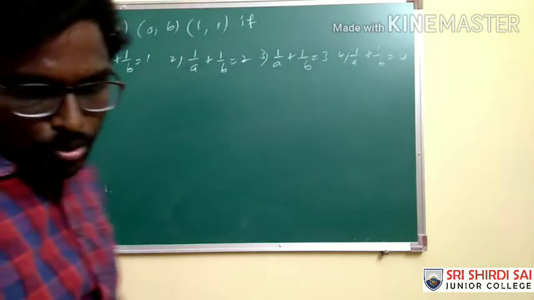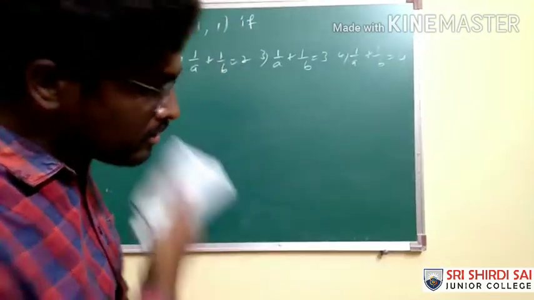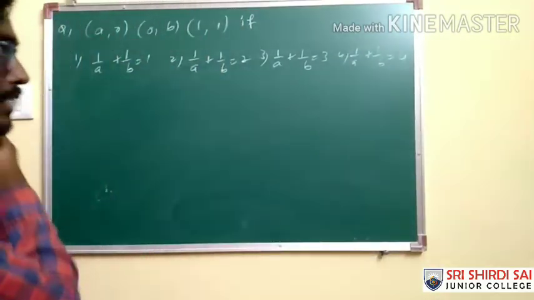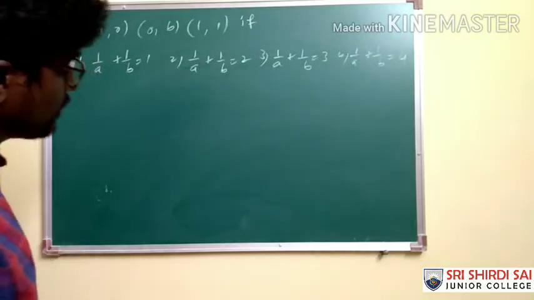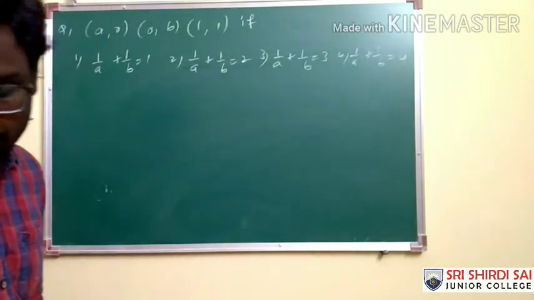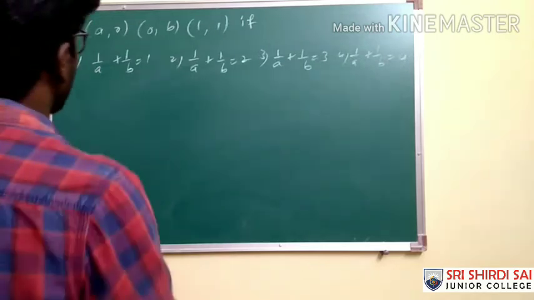If these 3 points are collinear, then what is the required condition? Means under what condition are these 3 points going to be collinear? That is our problem. Let us see.